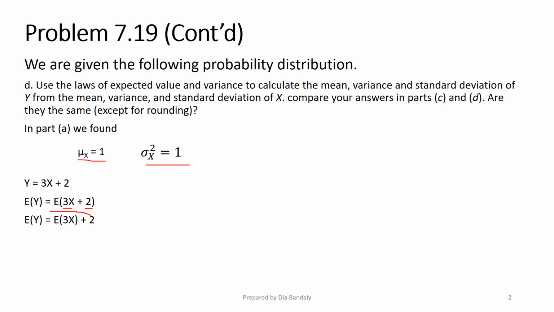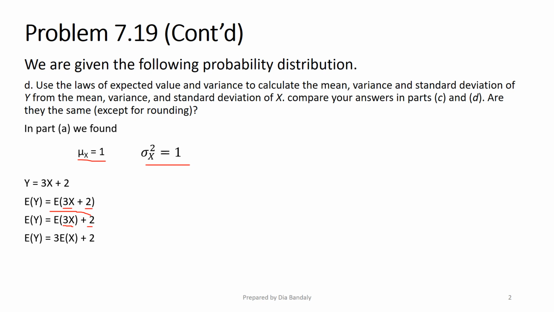So that allows me to write this as E of 3x, which is the variable part, plus the constant 2. Then I see that this is similar to c times x, and I know that the expected value of cx is c E of x. So I can write that.